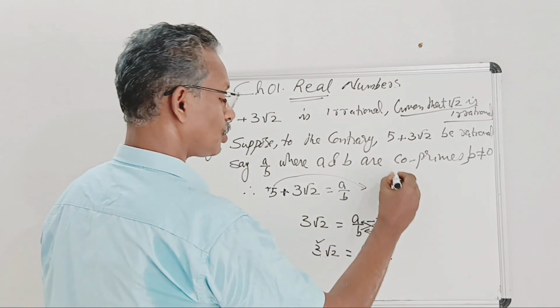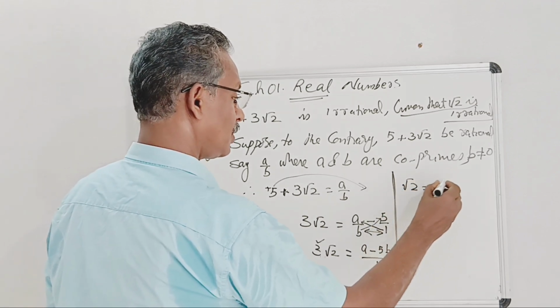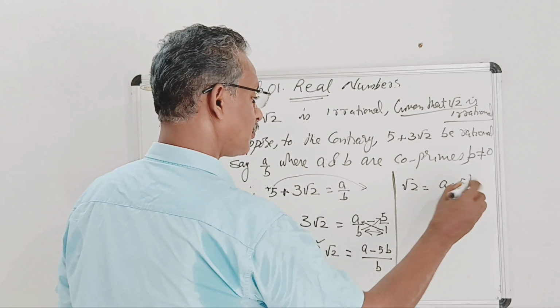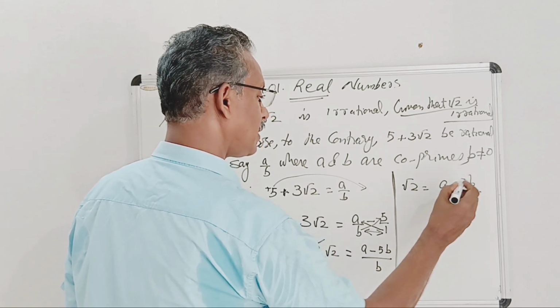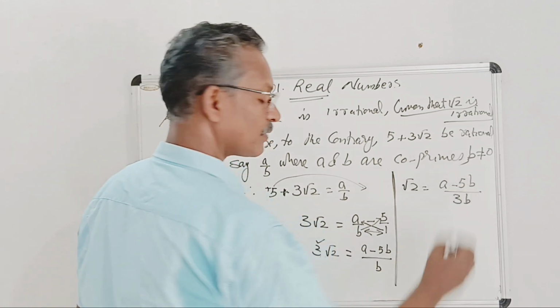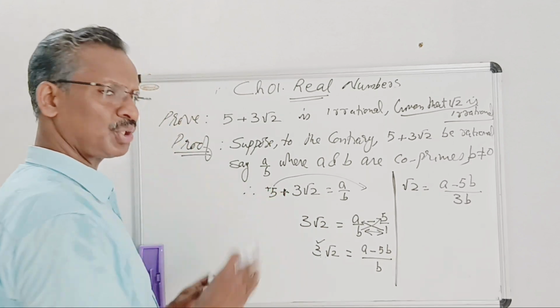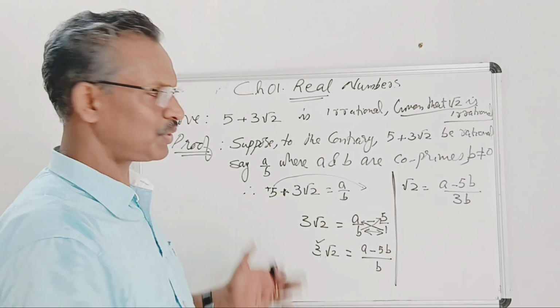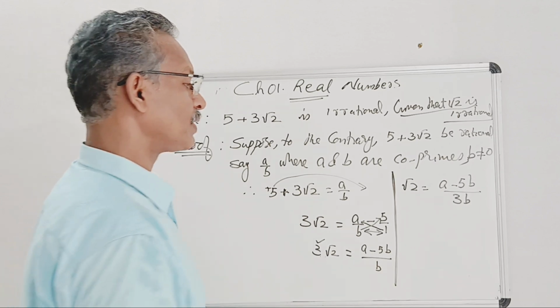So we get root 2 is equal to A minus 5B by 3B, because the 3 goes down. Only this much is required, like when you are solving for x. Okay, we will do 1 or 2 questions to consolidate the topic.